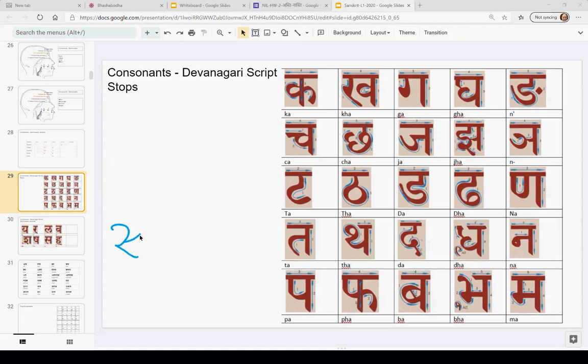So we actually cannot write it like this, because if you write it like this, we are saying it as samganakam. But while pronouncing it, we are not doing that, right? We are saying sanganakam.